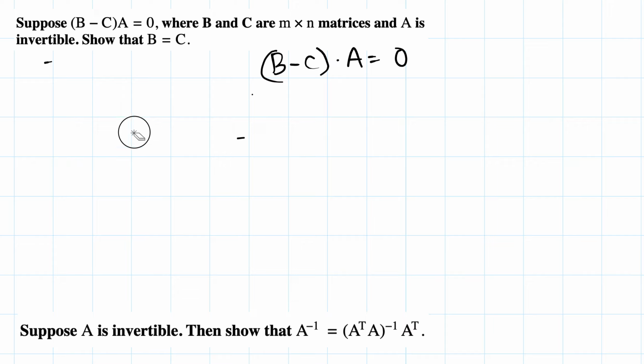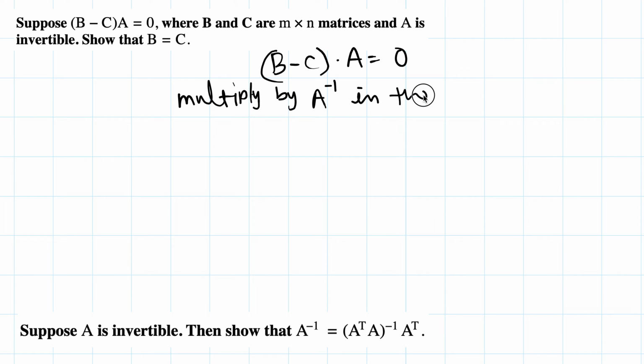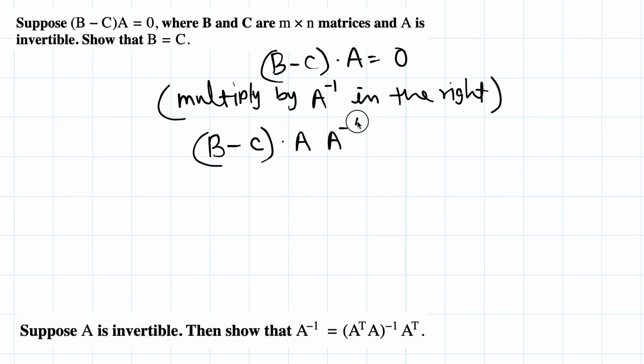So A is here, but we can multiply both sides by A inverse from the right side, because A inverse exists. So this will be B minus C times A, multiplied by A inverse, and the 0 matrix times A inverse.